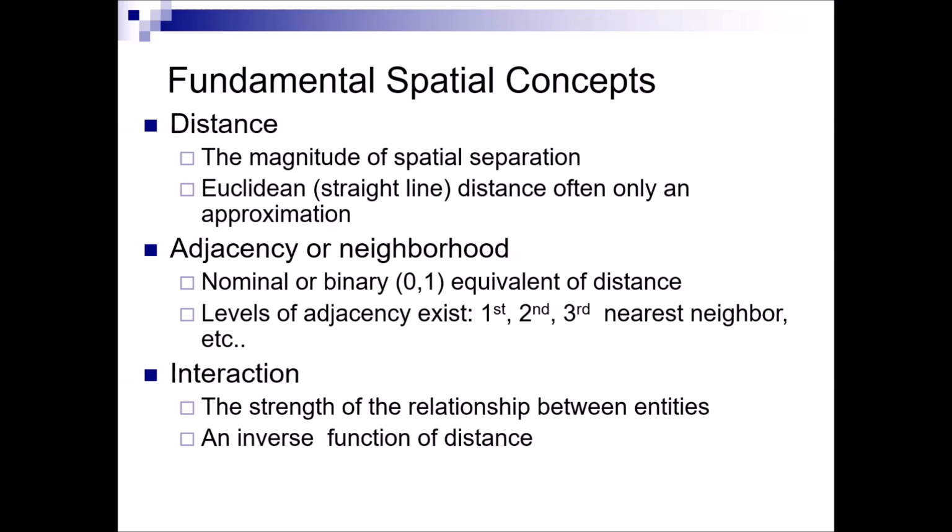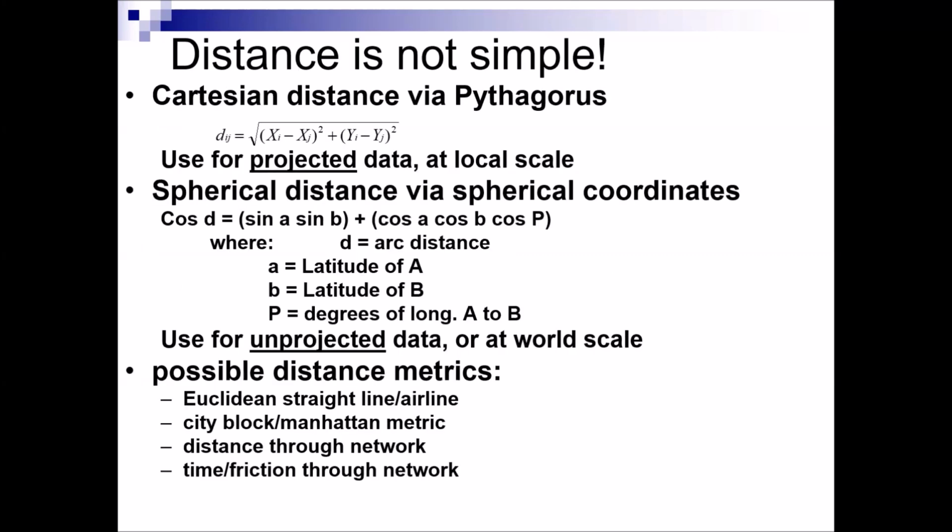So if Benjamin has a temperature of 72 and I'm a point right here, it's probably going to be 72 over here as opposed to anything else because the relationship between distance is going to impact this. We're in a geography class, so place and space are going to matter. Distance is not simple.